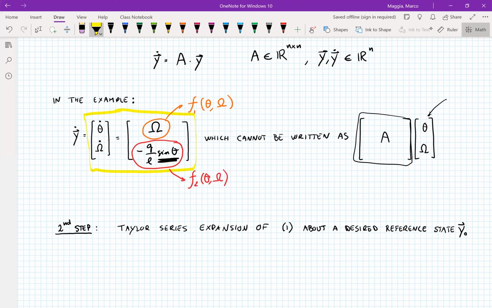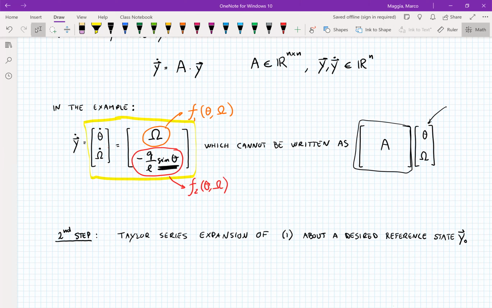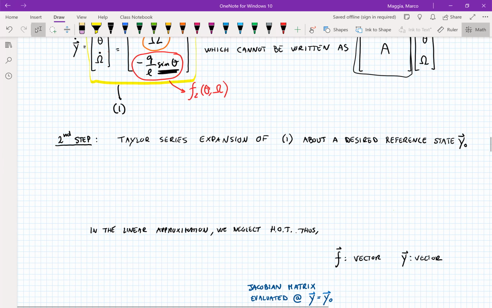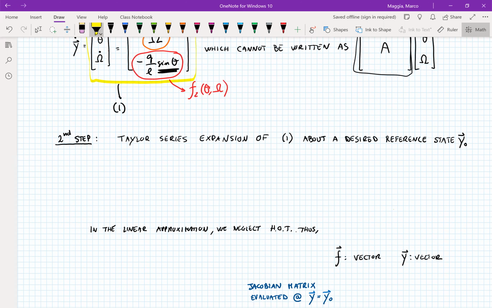Okay, so step number two. Now we have to write the Taylor series expansion of system one. And as you know, the Taylor series expansion makes sense only when it is done about a reference state. So we have to pick a reference state. In this case, we're just going to call it y naught. So how do we write a Taylor series expansion about y naught?